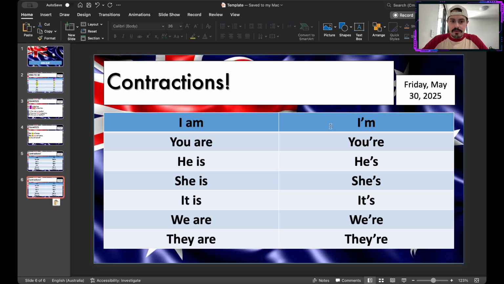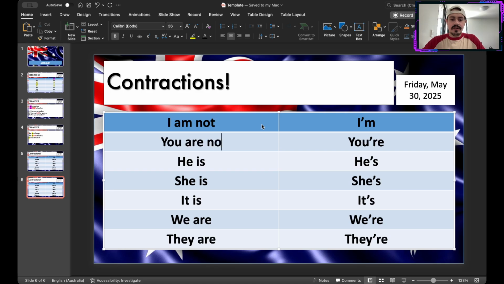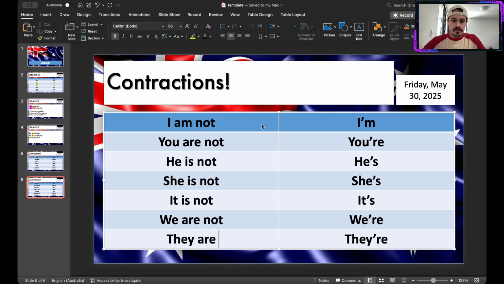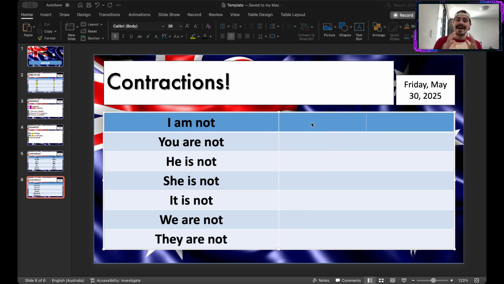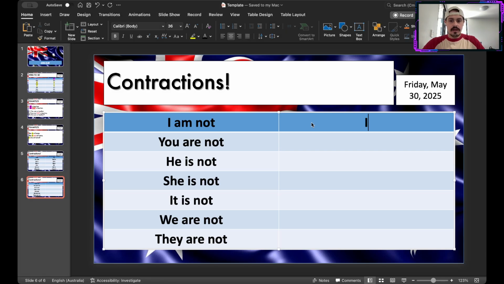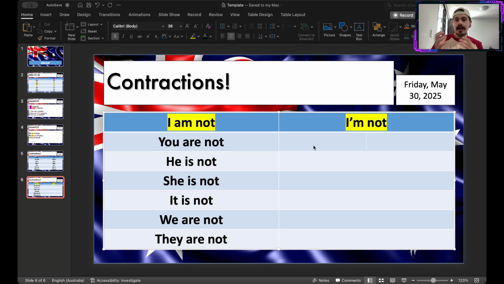We also have contractions for the negative part. And for the negative part we're going to have two kinds of contractions. I am not. In this case, I will even highlight this because I am not becomes I'm not, we only have one.